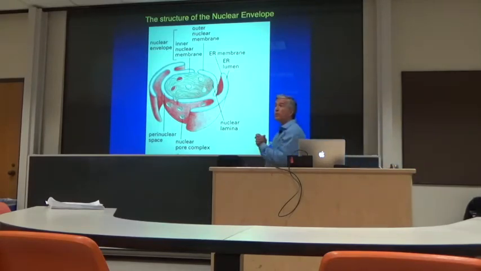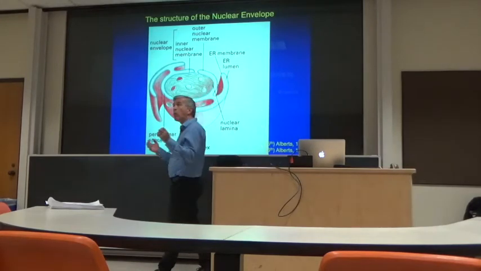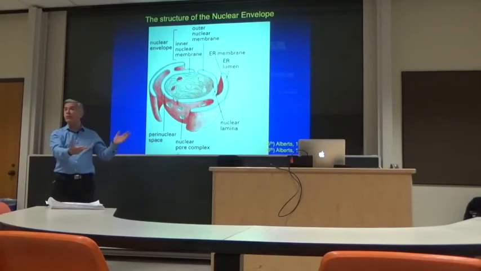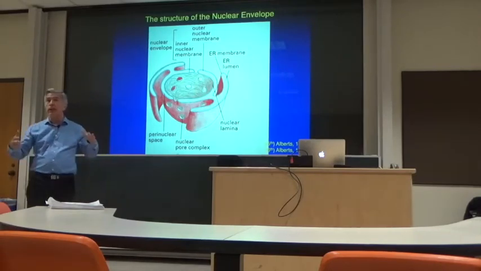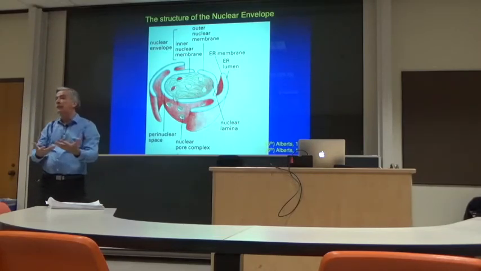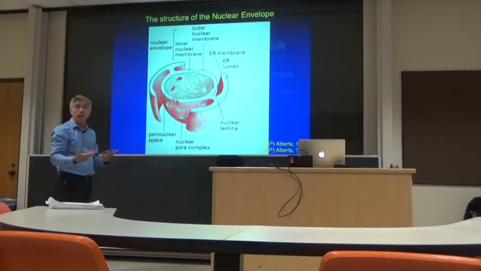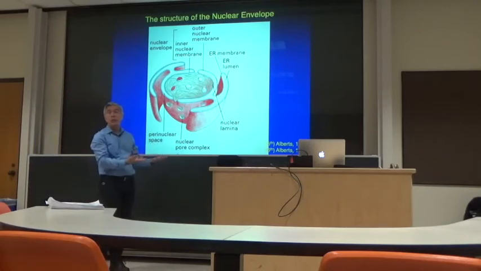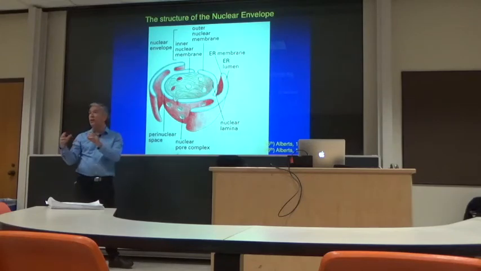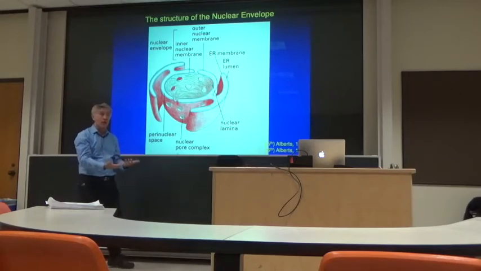Most important from the structural point of view, you can think of the nucleus as an extension of the endoplasmic reticulum. Just think that you have your ball of DNA and you coat it in endoplasmic reticulum. The result is that the nucleus is going to have not one membrane like the ER, Golgi, lysosomes, but it's going to be coated by two membranes, two bilayers.